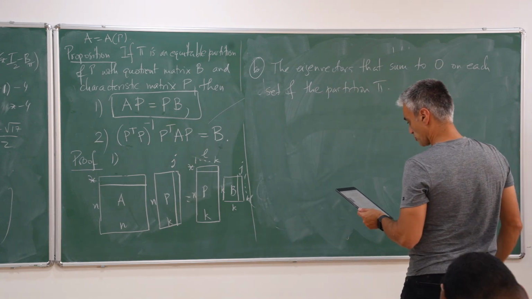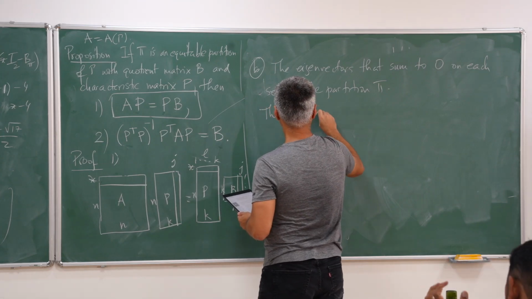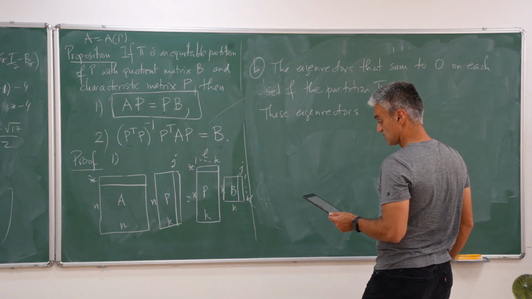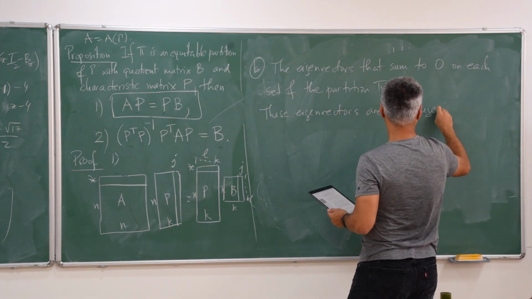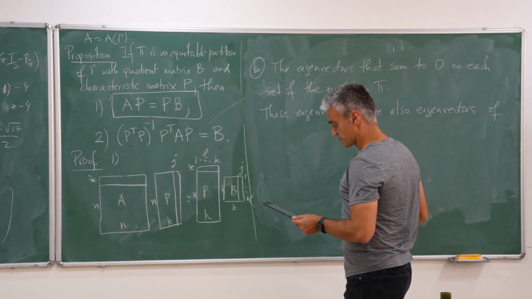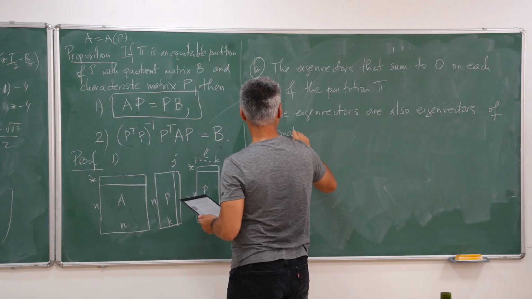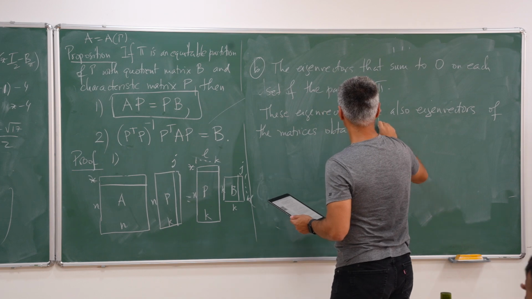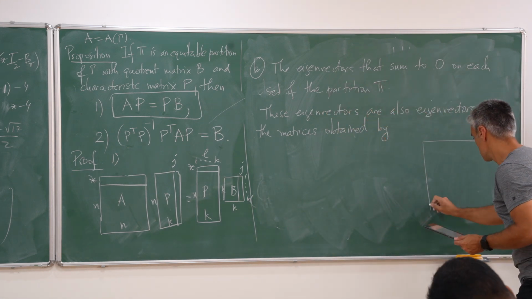And these eigenvectors, because they sum to 0 on each of these parts, are also eigenvectors of the matrices obtained by, so let me do a picture here.